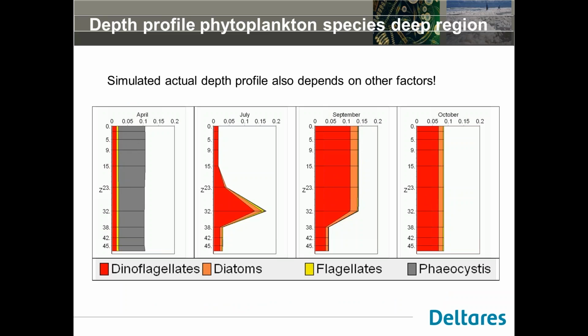And it shows that in April, there is no vertical profile, so homogeneous mixing. In July, there is a peak of phytoplankton at the thermocline at 32 meters deep. In September, most of the algae are above the thermocline, and in October, there's homogeneous mixing again.